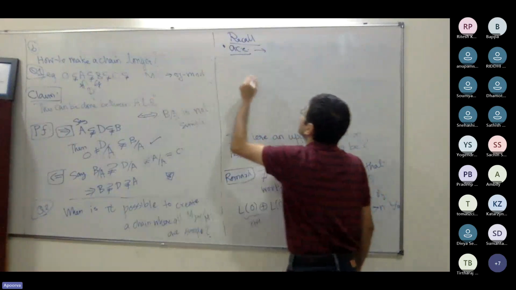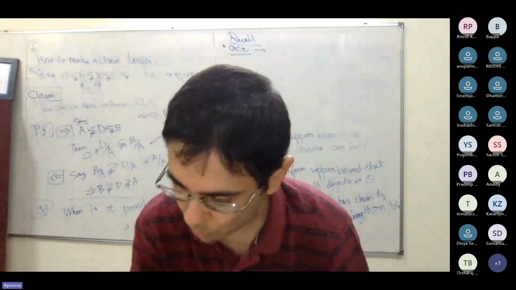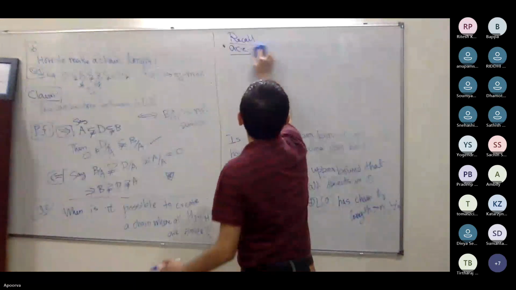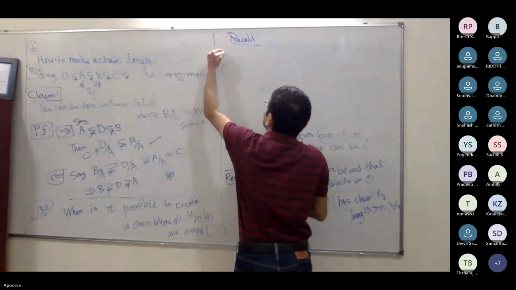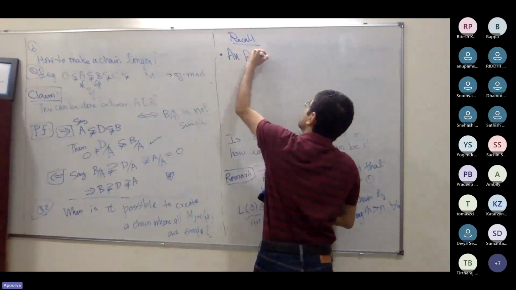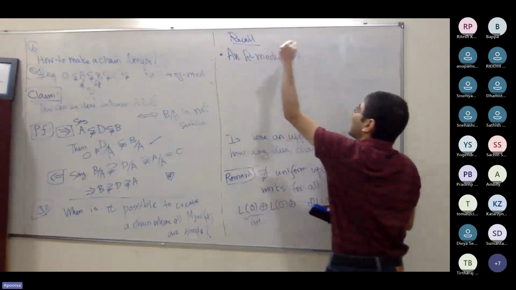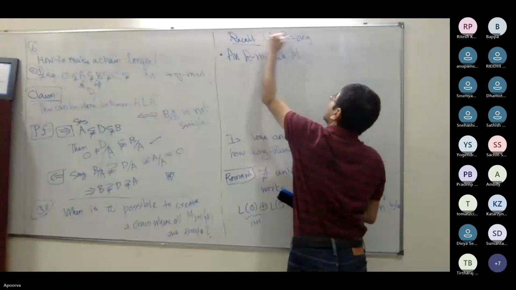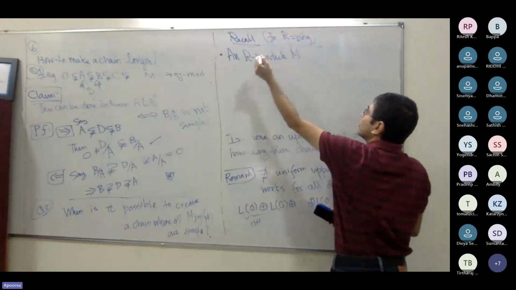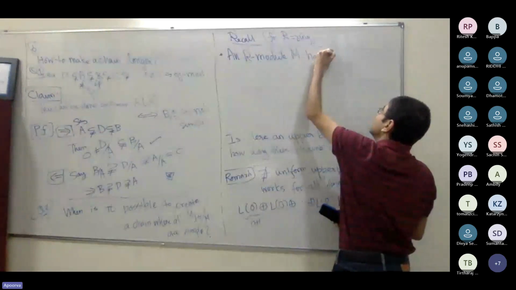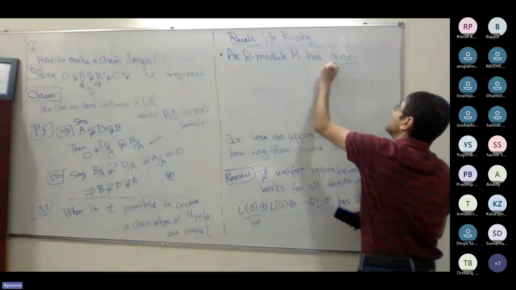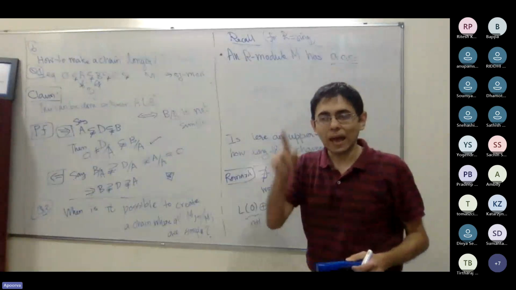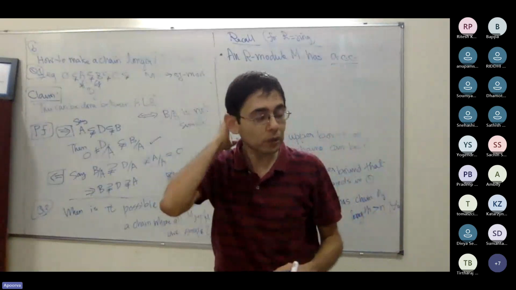Maybe I'll say this. A module is said to have the ascending chain condition. R is some ring, and our module M has the ascending chain condition, which I will abbreviate because I have already put that in the tutorial notes.